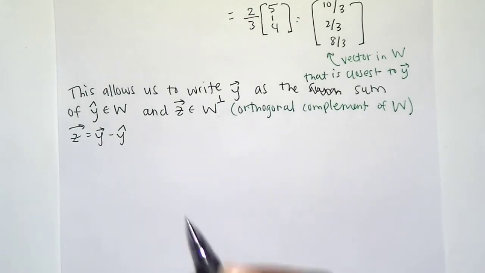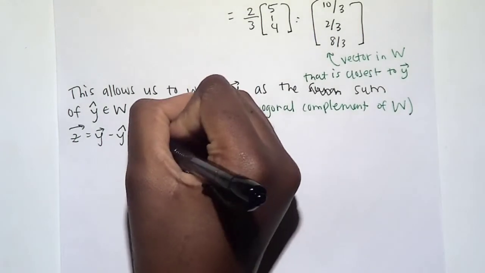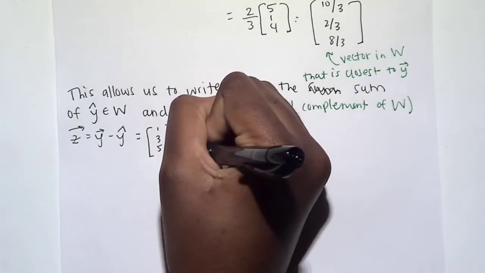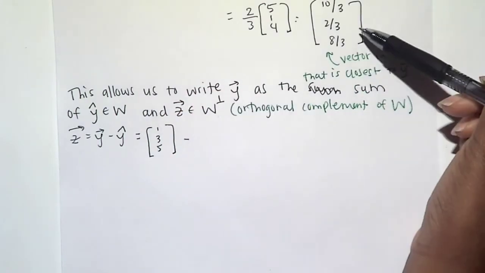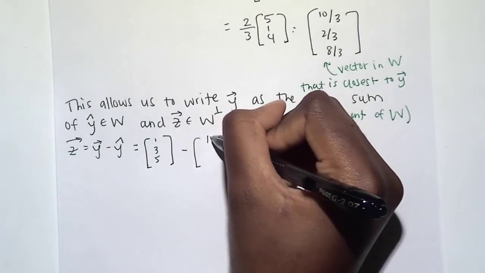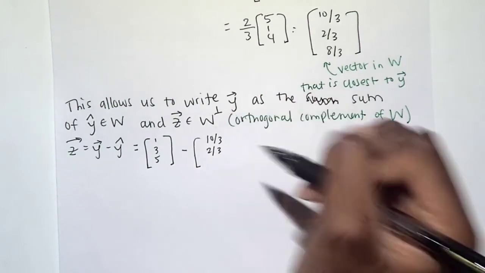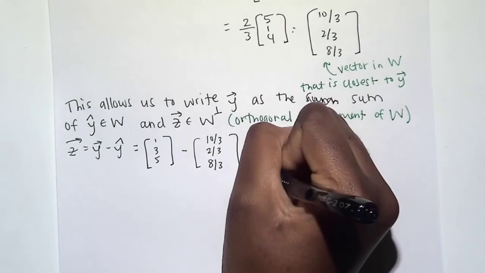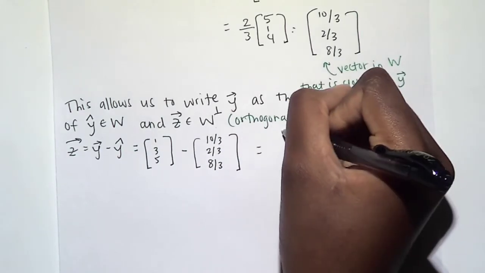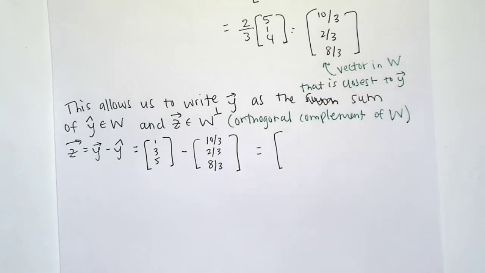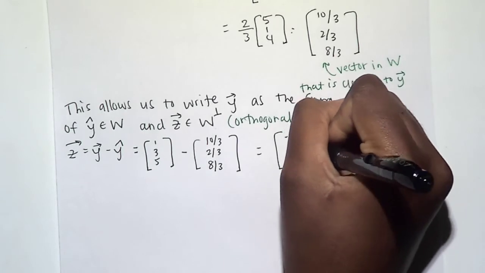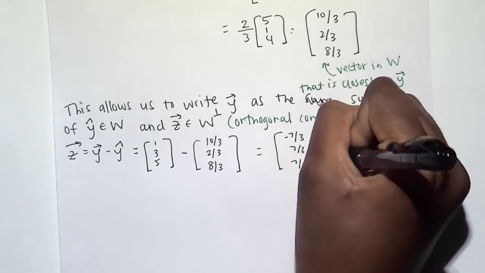All right, so let's write all this out. Our original vector Y from our example was (1, 3, 5). And then our Y hat we found to be (10/3, 2/3, 8/3). When we subtract those, we get (-7/3, 7/3, 7/3).